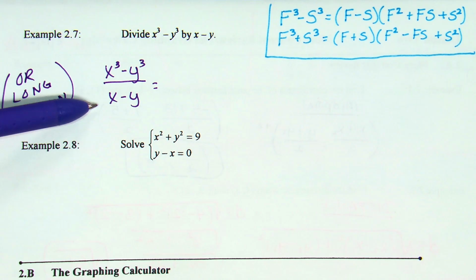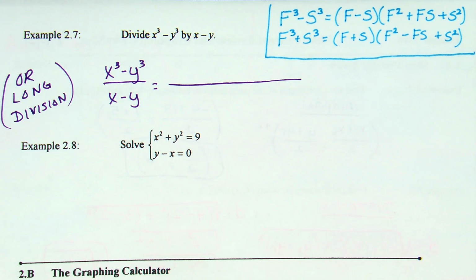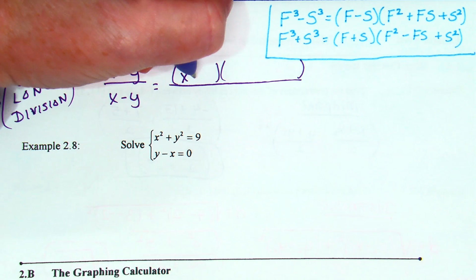Can you factor x cubed minus y cubed using the technique I just reminded you of? x cubed is a perfect cube. y cubed is a perfect cube. So here's your opportunity to try. Cube root of x cubed, x. Keep the middle sign. Cube root of y cubed, y.